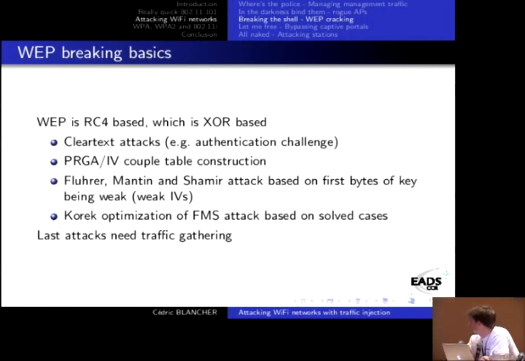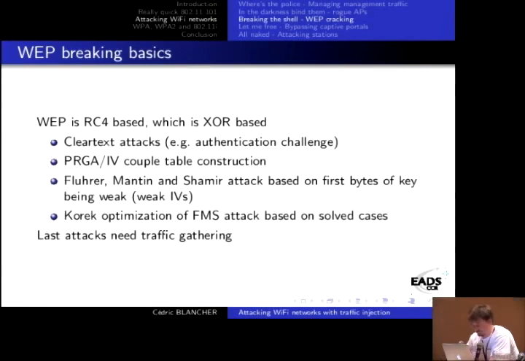The good thing with this attack is that it's not a brute force attack, it's a mathematical attack, and doubling the size of the key just doubles the time to achieve the attack. So it's really a very effective attack. And then the last one is some optimization by a guy called Cedric. Cedric has found what he called chopchop cases. So he can make the Fluhrer, Mantin, and Shamir attack much faster and rely on other kinds of packets.